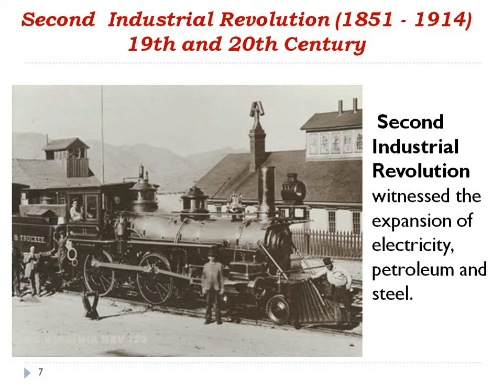The second industrial revolution happened during the 19th and early 20th century, or you can say 1851 to 1914. It witnessed an expansion of electricity, petroleum, and steel industries. The steam engine was modified during this time.